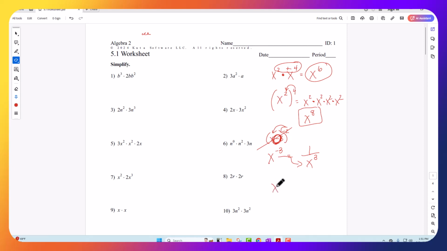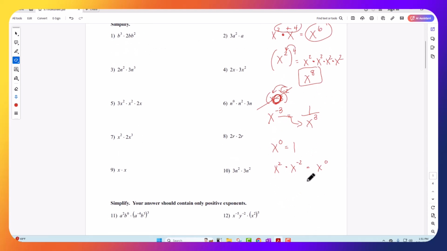Along that line, x to the 0 is by definition 1. And truly any number raised to the 0, except for 0, does equal 1. Part of the reason why is that x squared times x to the negative 2 is x to the 0, because we can add those together.